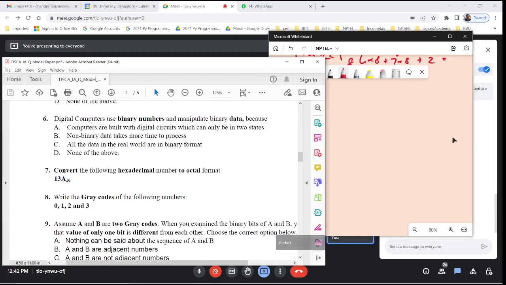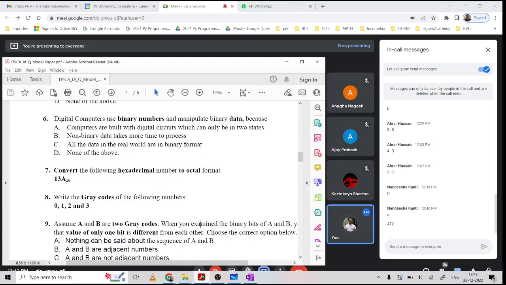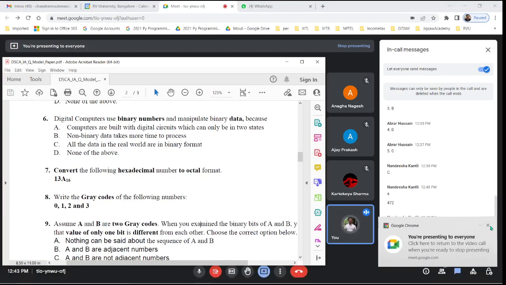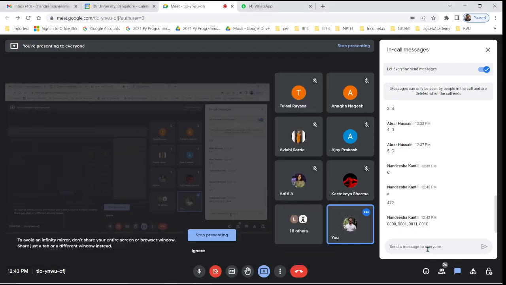Great. So what are the gray codes of 0 to 3? You can always write 4-bit also, but in this case, because only 4 values are there, you can write it with 2 bits.